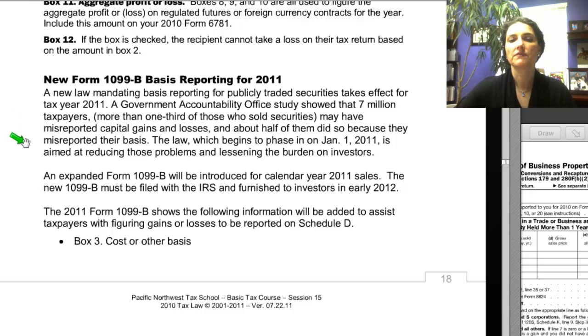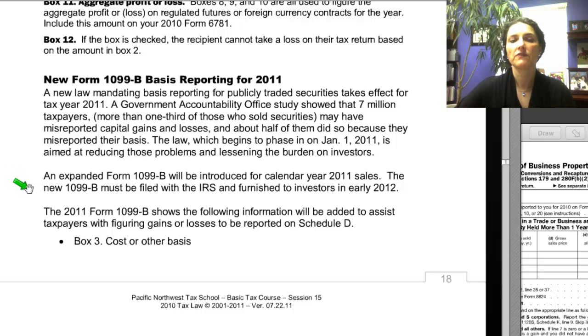The law, which begins to phase in on January 1, 2011, is aimed at reducing those problems and lessening the burden on investors. An expanded Form 1099-B will be introduced for calendar year 2011 sales, and the new 1099-B must be filed with the IRS and furnished to investors in early 2012.